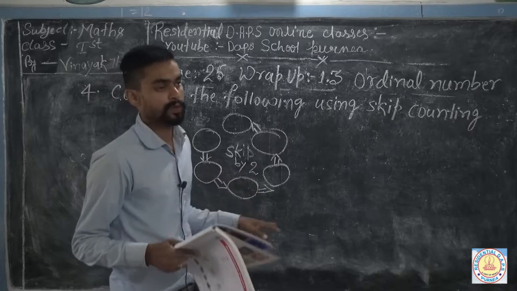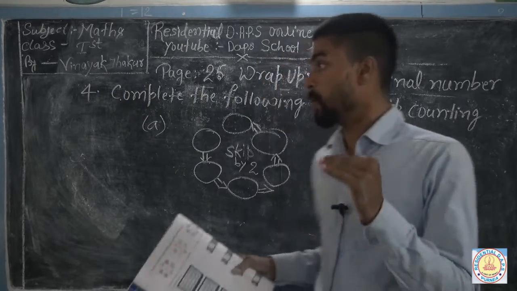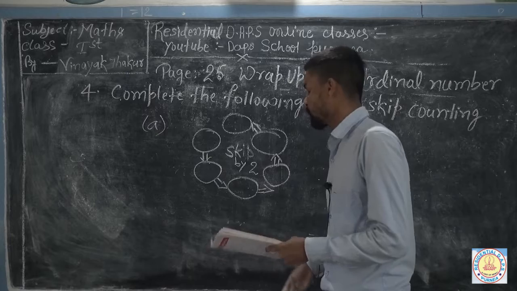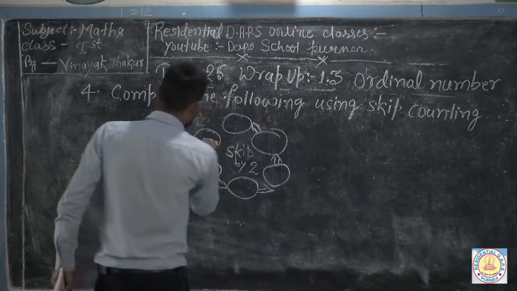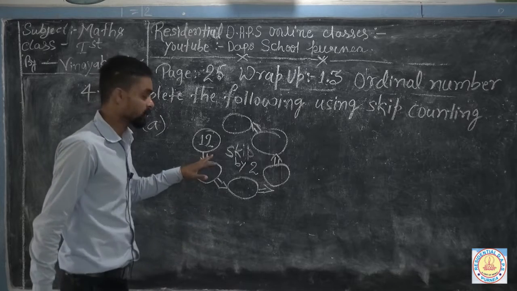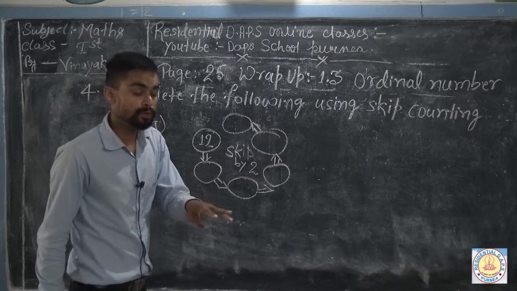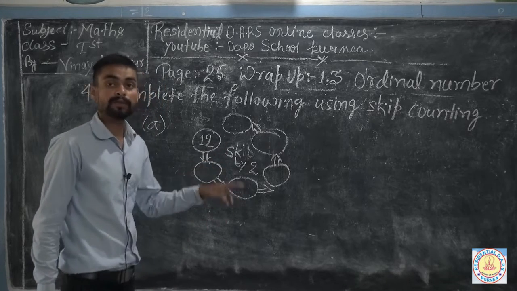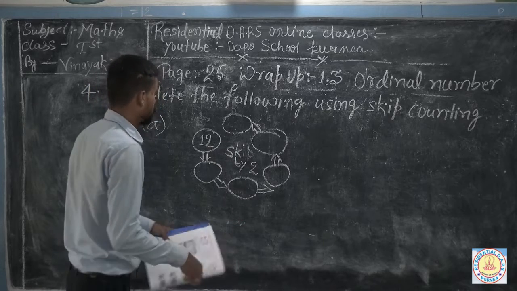You have to just count by 2 in this skip counting. So your first number is 12. If you count after 2, which number comes up after 12? 14.